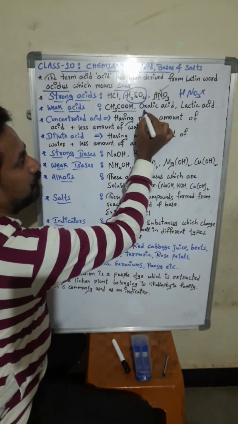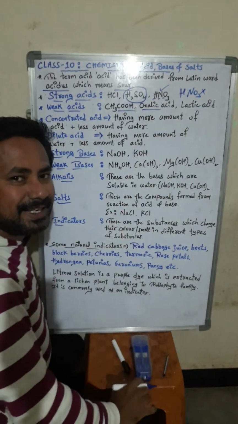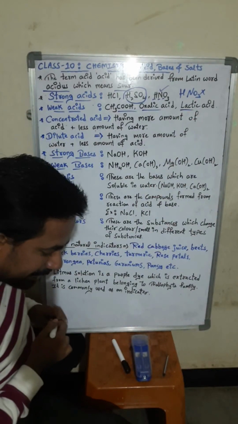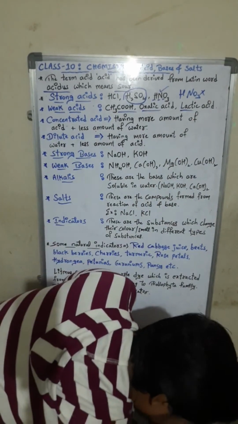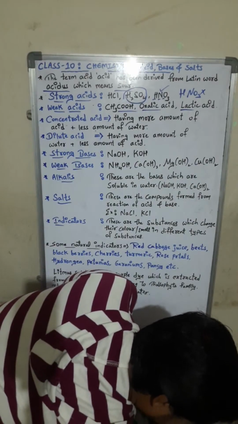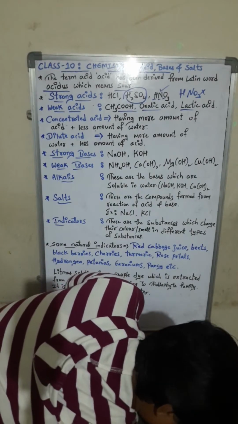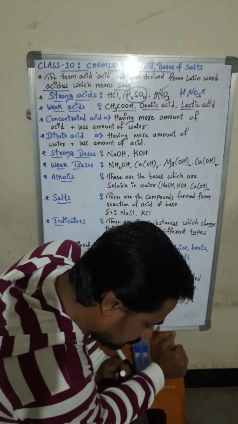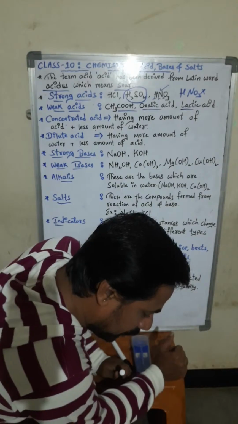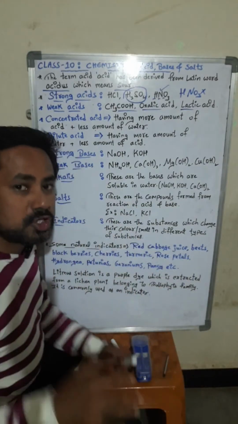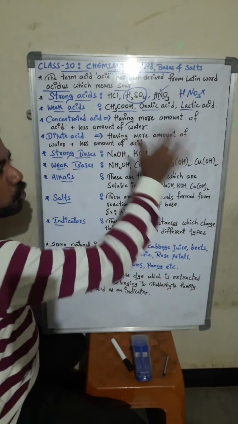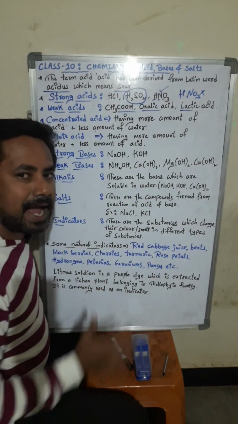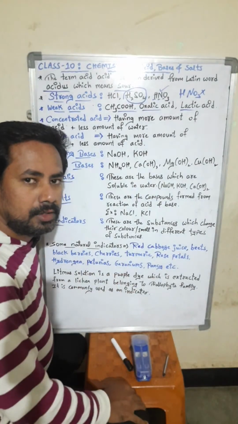Some other examples of weak acids: oxalic acid, lactic acid, carbonic acid, hydrocyanic acid, hydrogen sulfide. There are plenty of examples; just for your understanding, I have taken only a few.